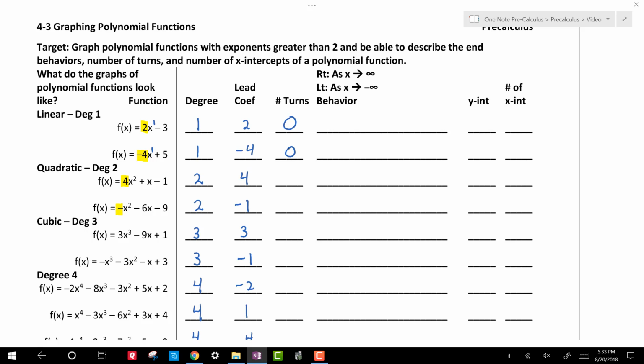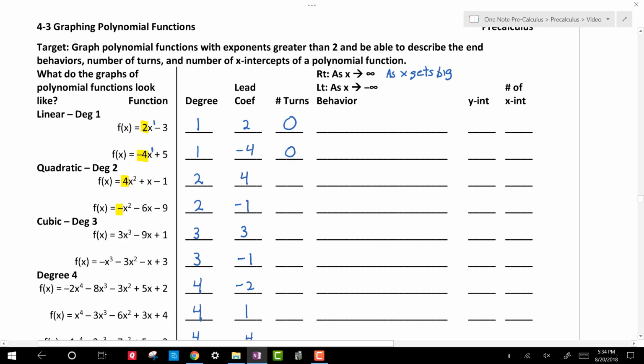The other thing that we're going to do, besides looking at turns, is we're going to look at the right and left behavior. When we say what's happening on the right side, what we're basically saying is as x goes to infinity, all right, so as x gets large, that's what this is saying. As x gets big, what's happening to the y values?